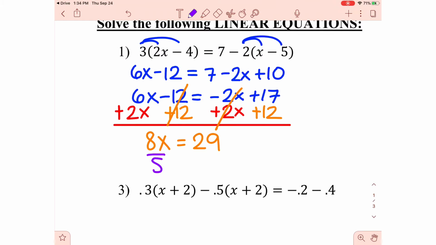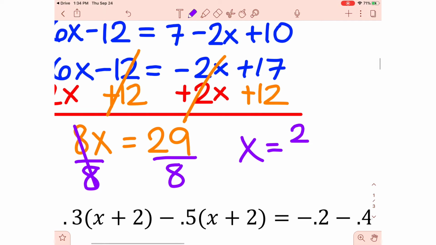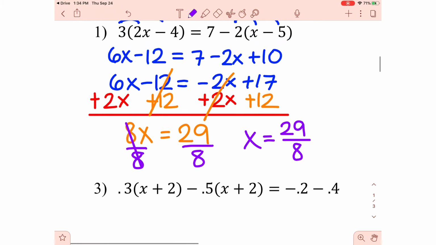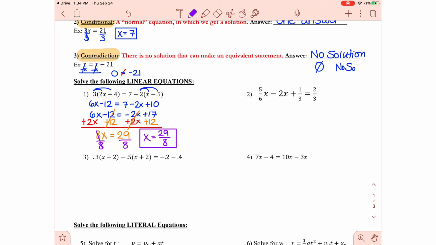And divide both sides by 8. Now, maybe your anxiety level went up when you saw that it's not going to be a nice answer, but welcome to Algebra 2. We don't always get nice answers. That's okay. All right. So that's the deal with your typical equation for linear.